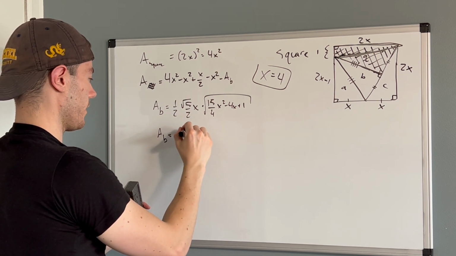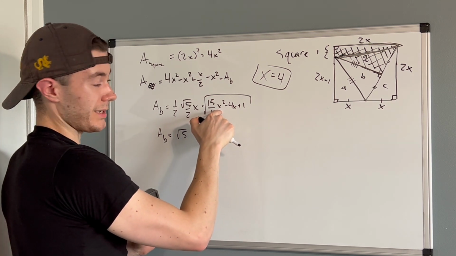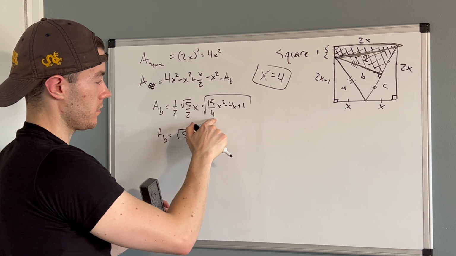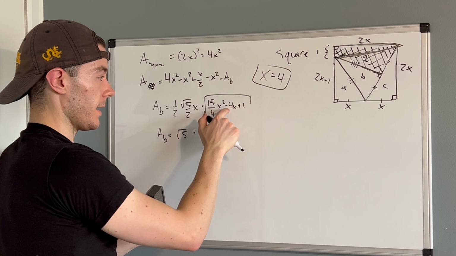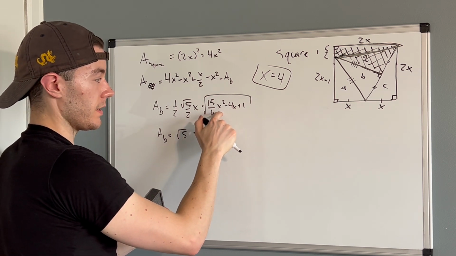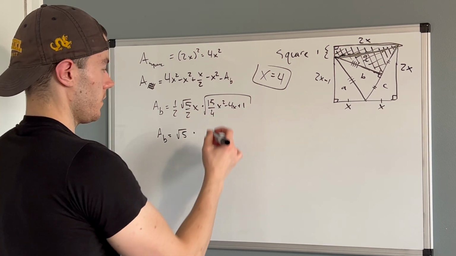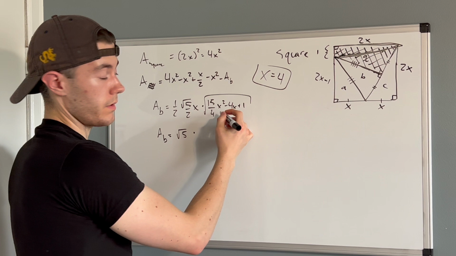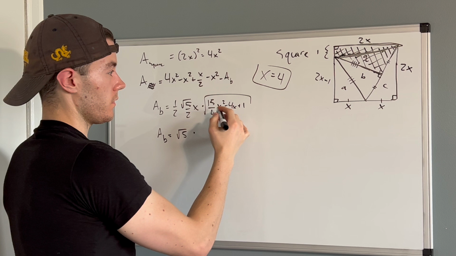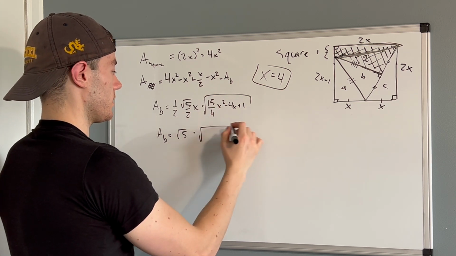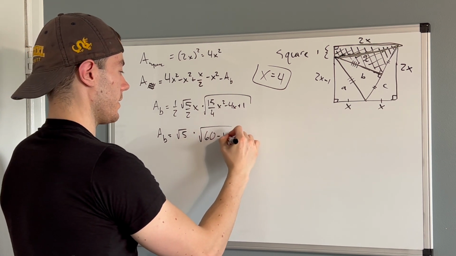This is √5 times the square root of 15 over 4 times 4 squared, which is 16, divided by 4 is 4, so 15 times 4 is 60, minus 16 plus 1 minus 15.